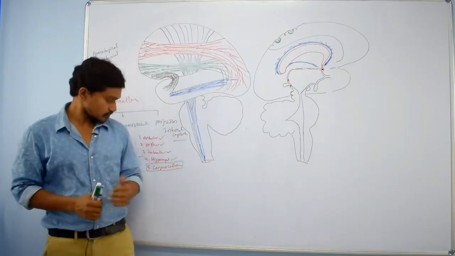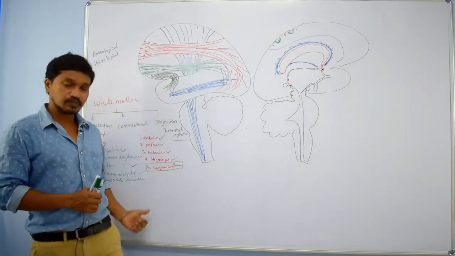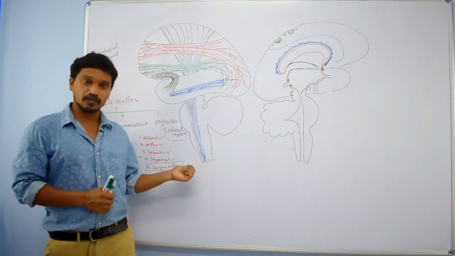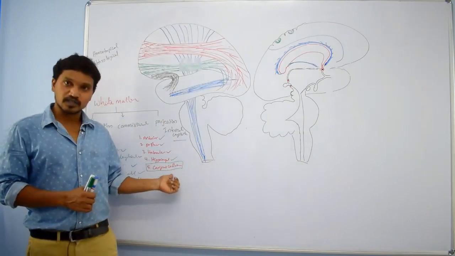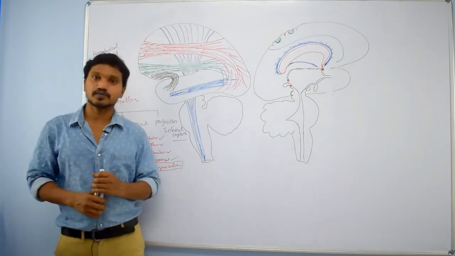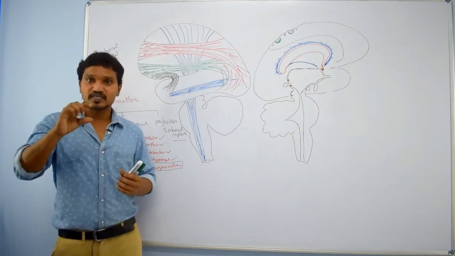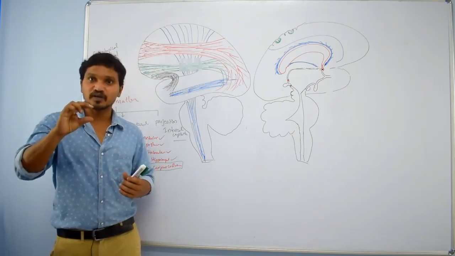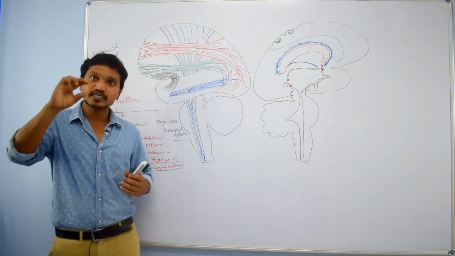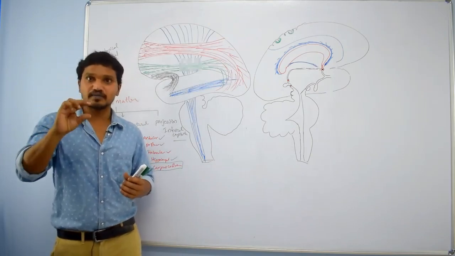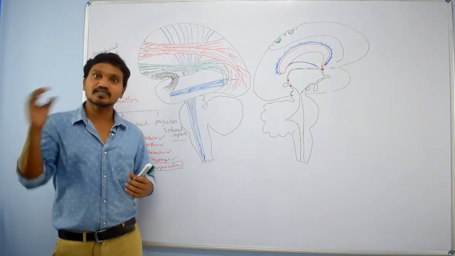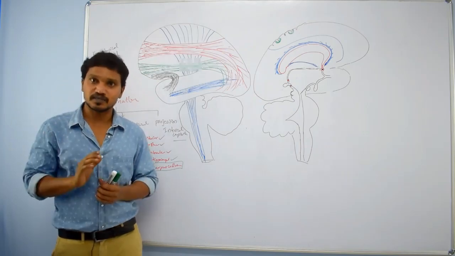So after completion of classification of white fibers, the next session is about corpus callosum. Corpus callosum is the biggest commissure, or the biggest band of white matter which bridges the two cerebral hemispheres.